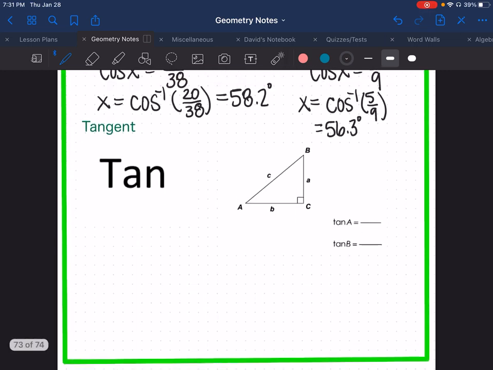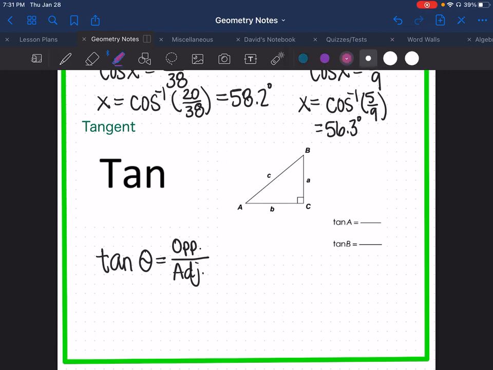My last trig ratio is the tangent function, and I call it tan. The function is the tangent of theta is equal to the opposite over the adjacent. Notice what's missing: hypotenuse. There's no hypotenuse for the tangent.